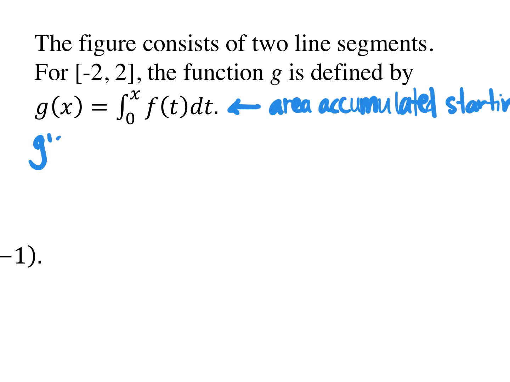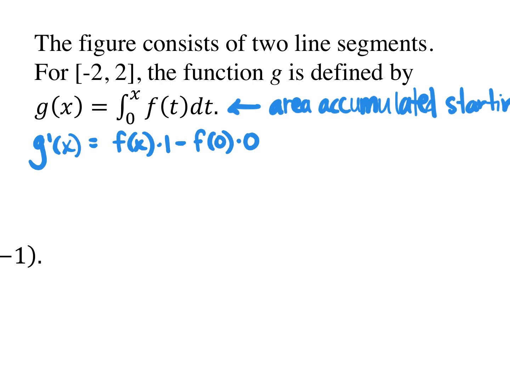G prime of x, the derivative. This is what you should have gotten good at last night. If I move down a level, what is g prime defined as? I'm taking the derivative of an integral. This was last night's homework. F of x times the chain rule of 1, minus f of 0 times the chain rule of 0.